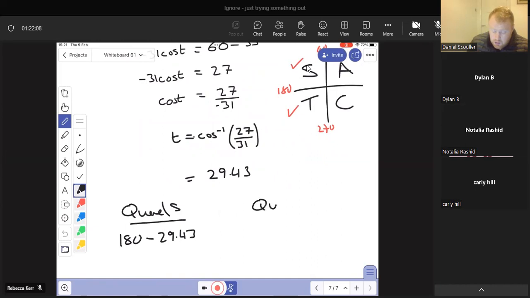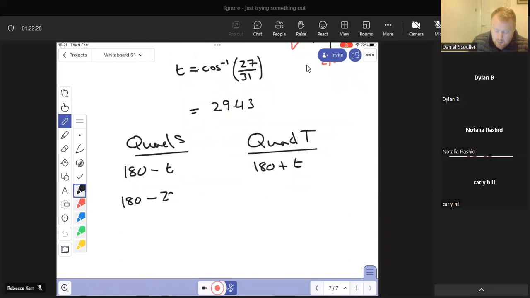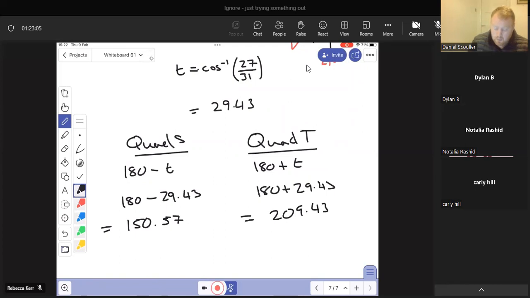We're working in quad T, so it's 180 plus 29.43. 180 minus 29.43 is equal to 150.57, and that's seconds.